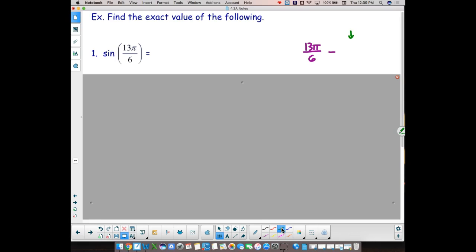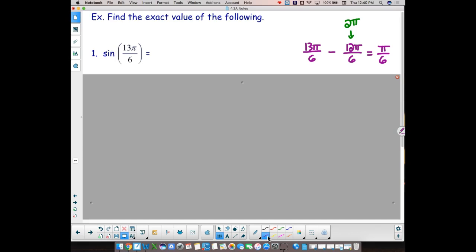But my 2 pi is not going to look like 2 pi. My 2 pi in this case is going to look like 12 pi over 6. 13 pi over 6 minus 12 pi over 6 gets me pi over 6.